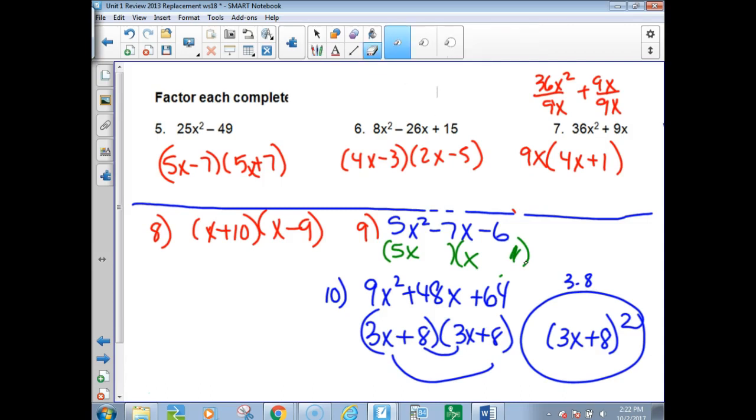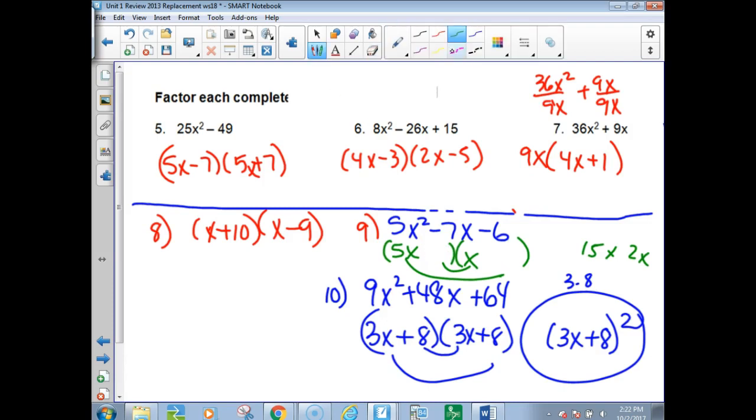Oops, I lost my eraser. All right, so if I use 2 and 3, I don't know which way they're going to go, so I'm going to pretend I don't know which way they're going to go. If I put 3 and 2 like that, because 2 times 3 is 6, I'd have 2x and 15x, and that won't get me a 7. 15x and 2x, I can't make a 7 out of that no matter what I do. So I switch them.